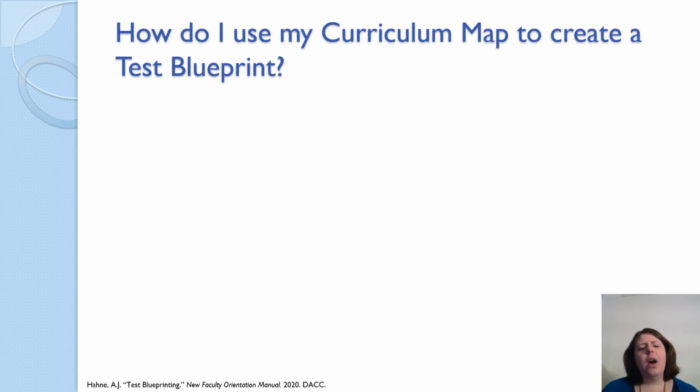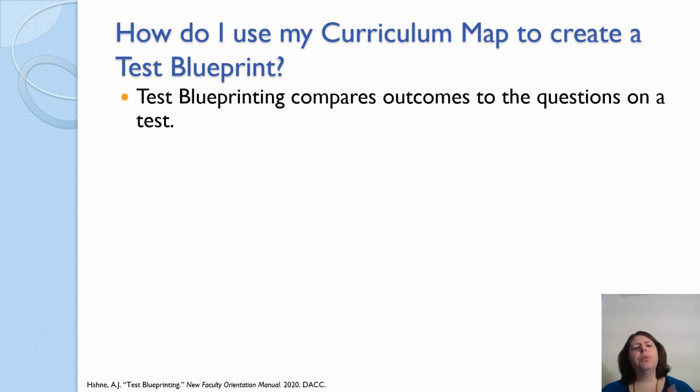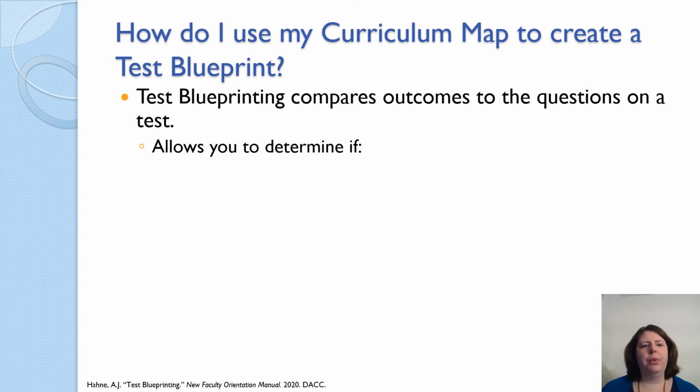All right, so how would I then use my curriculum map to create a test blueprint? Test blueprinting is essentially applying a curriculum map to creating our test. If we think about our outcomes and what questions we want to ask, that's essentially our test blueprinting.